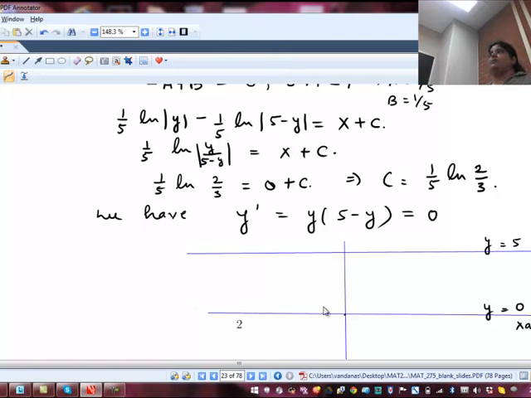It will be trapped inside it. And if there is a solution below y equals 0, it will not cross y equals 0, it will be trapped below it. So another remark: solution curves, or you can say there is another name for them, integral curves, do not cross each other.